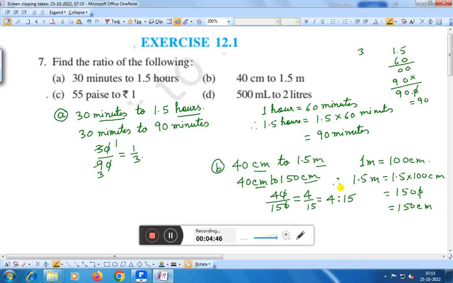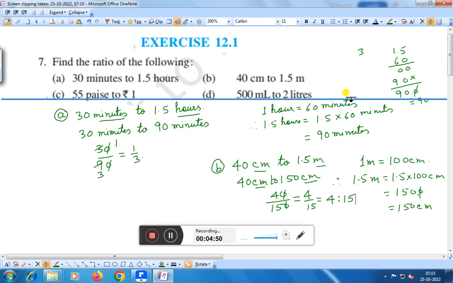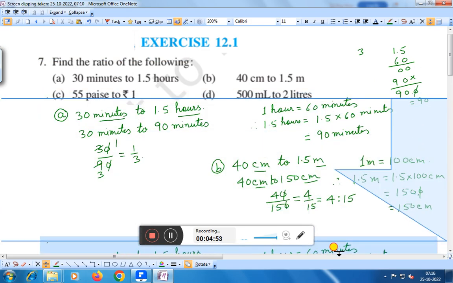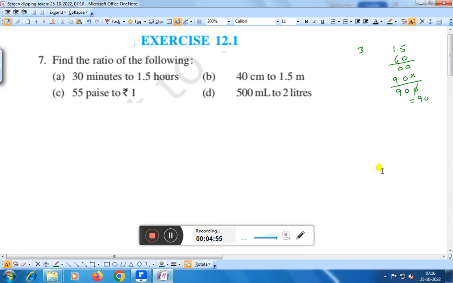Now we solve question number C and D. Now question number C is, here you see, 55 paise to rupee 1.